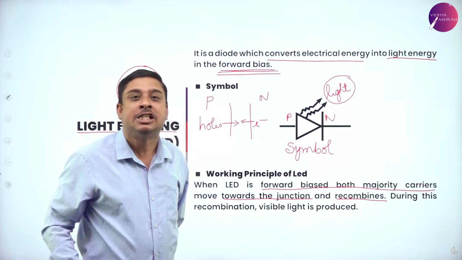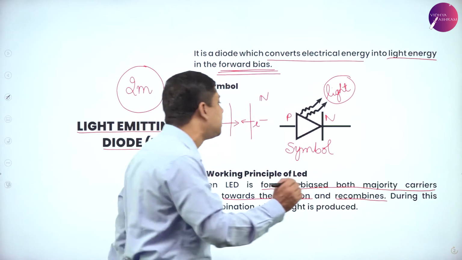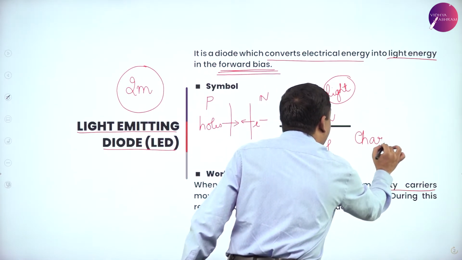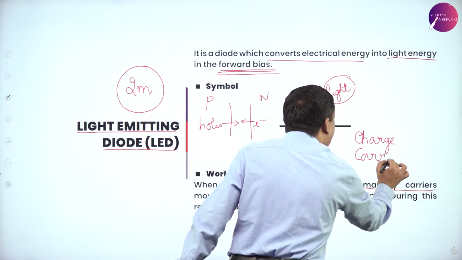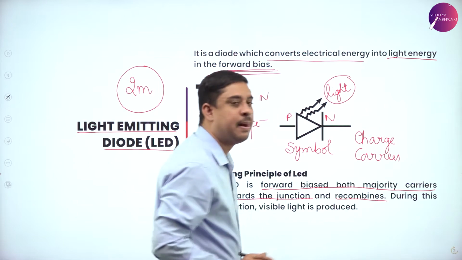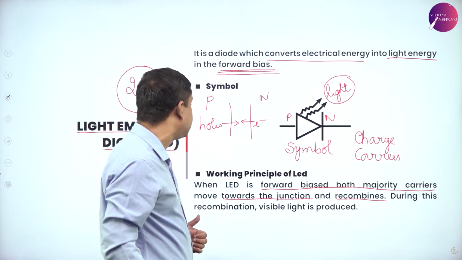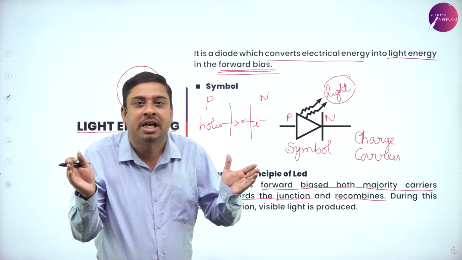They are not specifically called as electrons. After recombination, they are called by the word charge carriers. Mobile charge carriers.